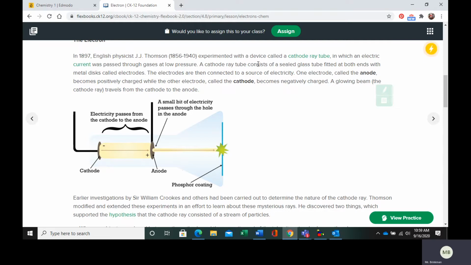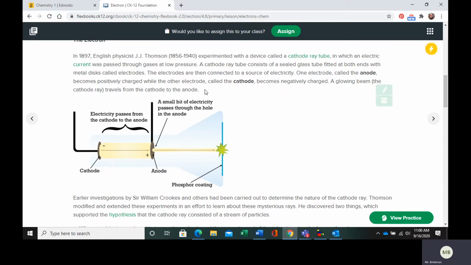He ran an experiment with a device called a cathode ray tube, which is actually present in televisions. In this experiment, an electric current was passed through gases at a very low pressure.